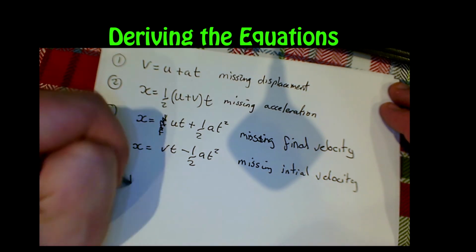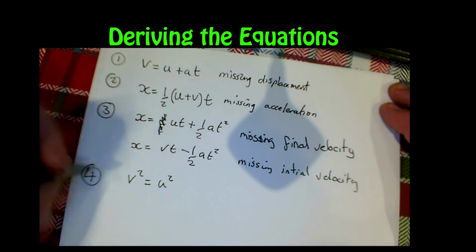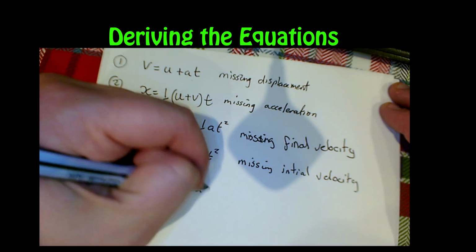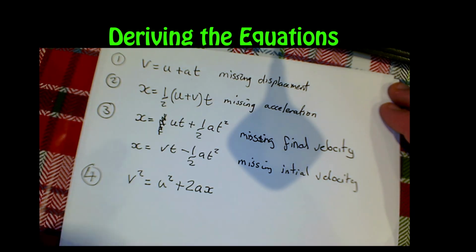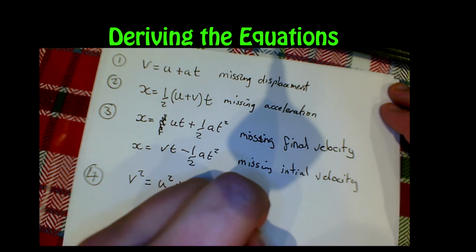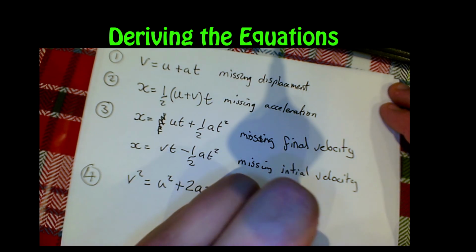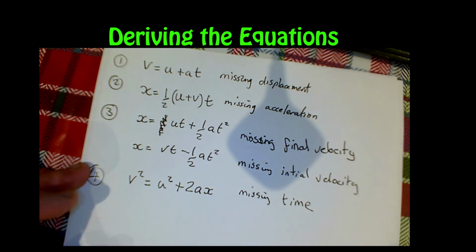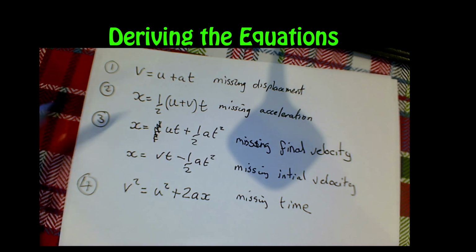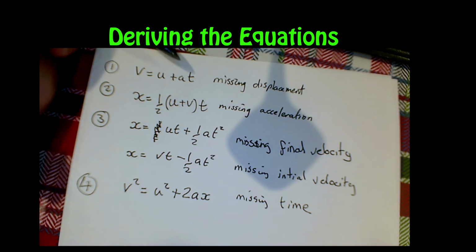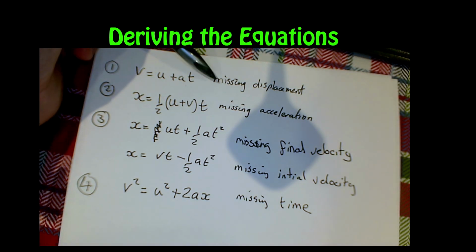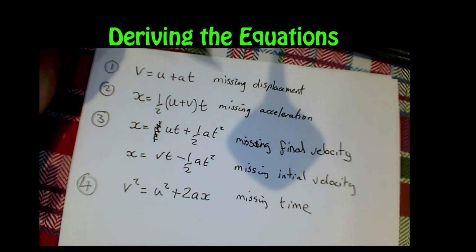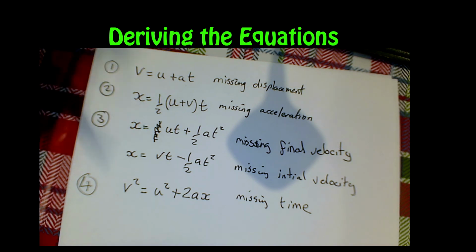And then equation number 4, v squared equals u squared plus 2ax, and this then is going to be if we are missing time. Okay, and then that gives us our selection of equations. So remember what I said when I said missing, that means that we don't care about it, it's not in the question, it's not what we're asked for. Okay, hopefully that gives a guide of how to derive them.